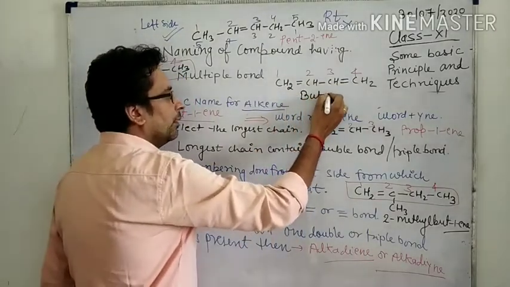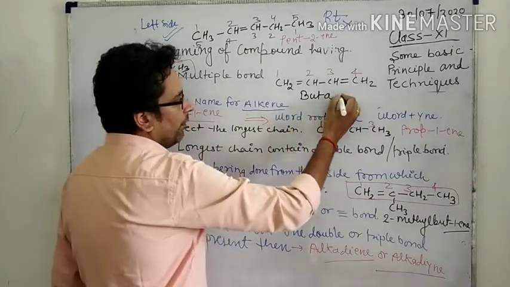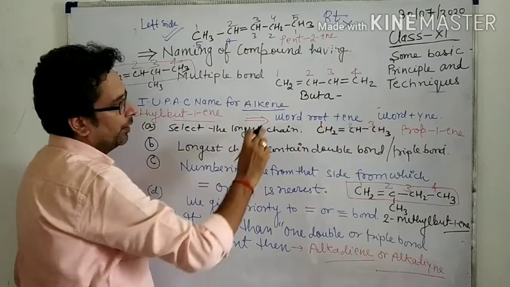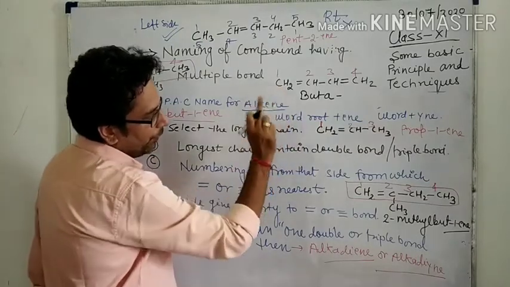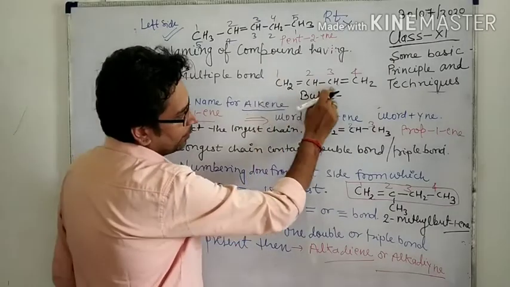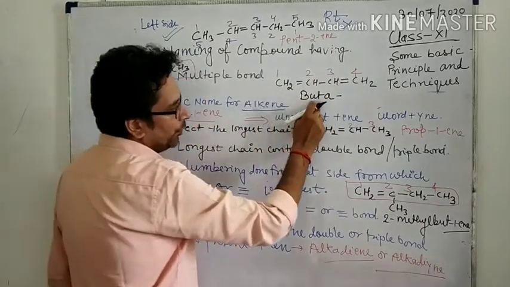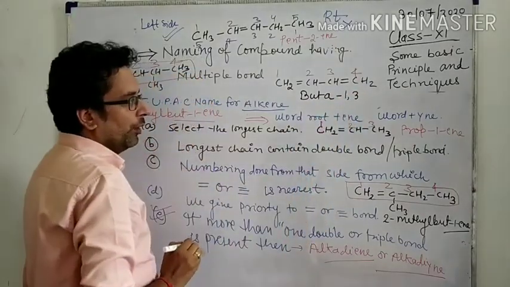but, buta. Okay, buta, comma, look here, the position of the first double bond starts from carbon first, and this one is carbon third. So buta-1,3.